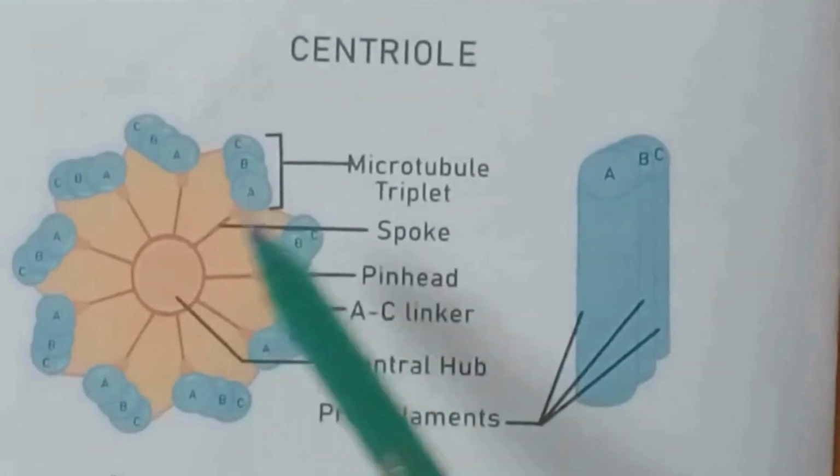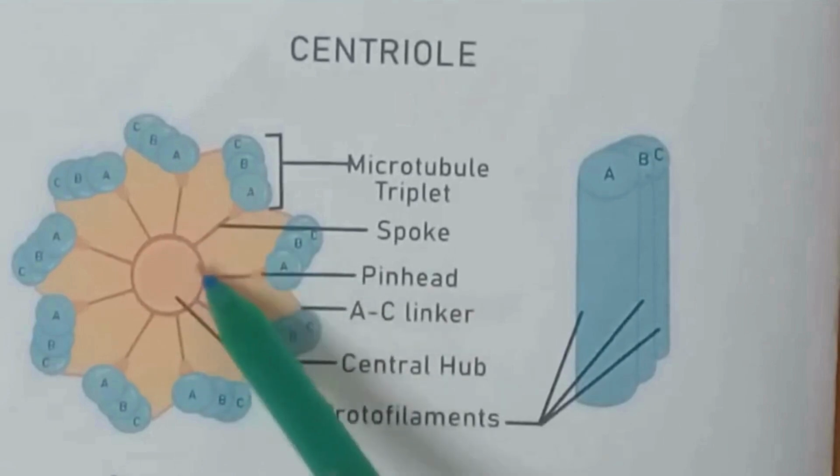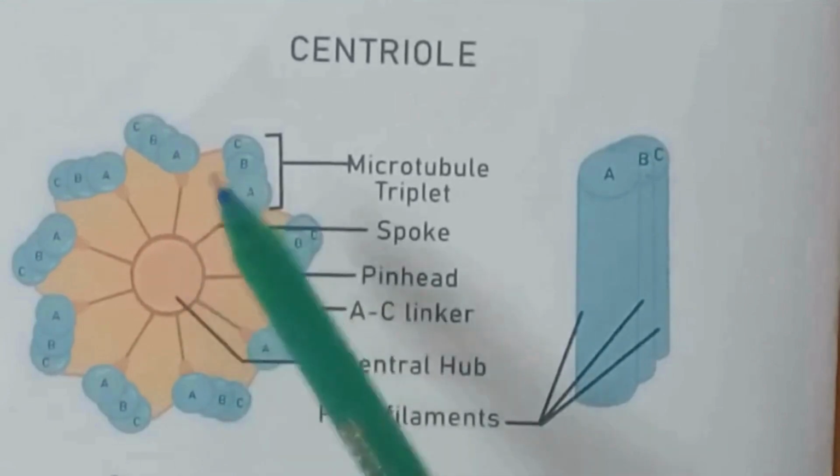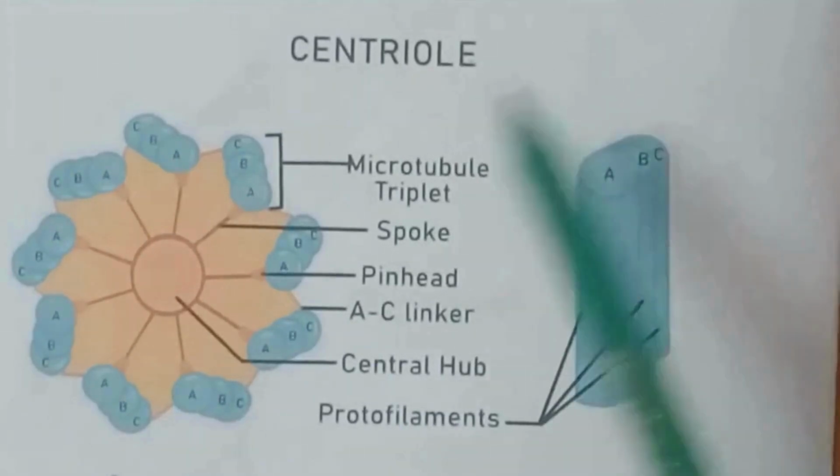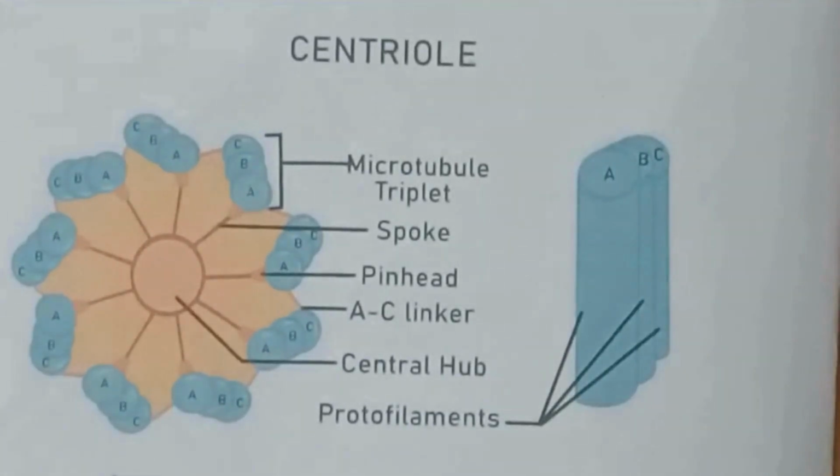These centrioles form the basal body of cilia and flagella, and give rise to the spindle apparatus during cell division.